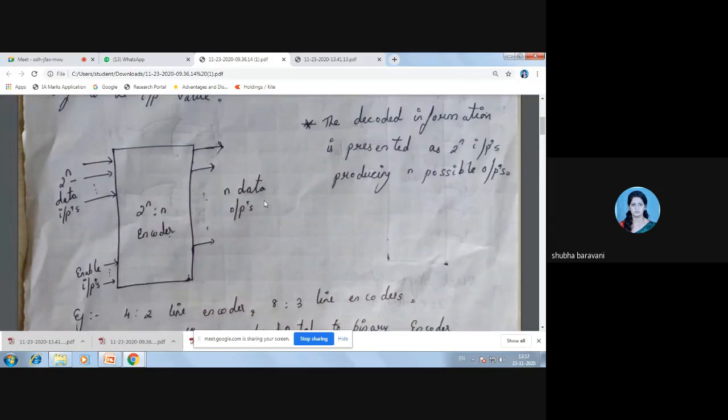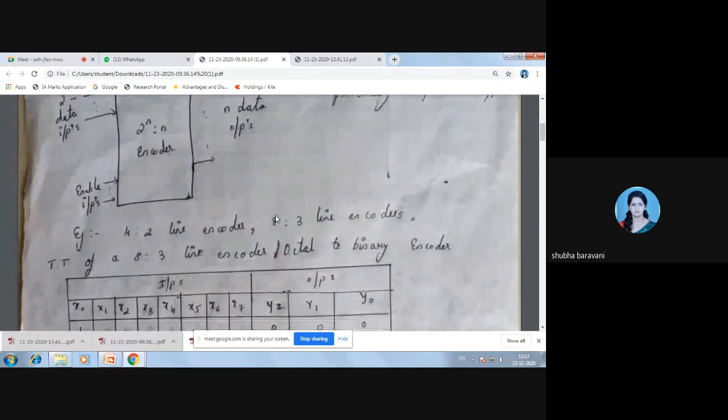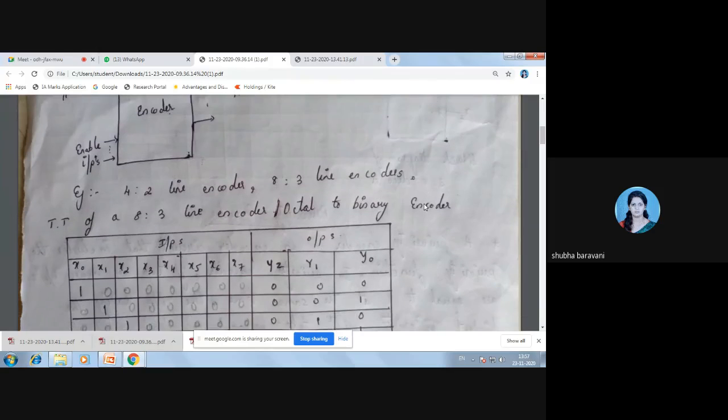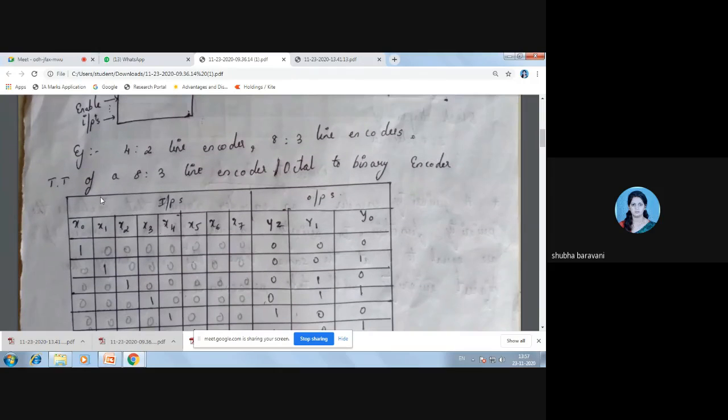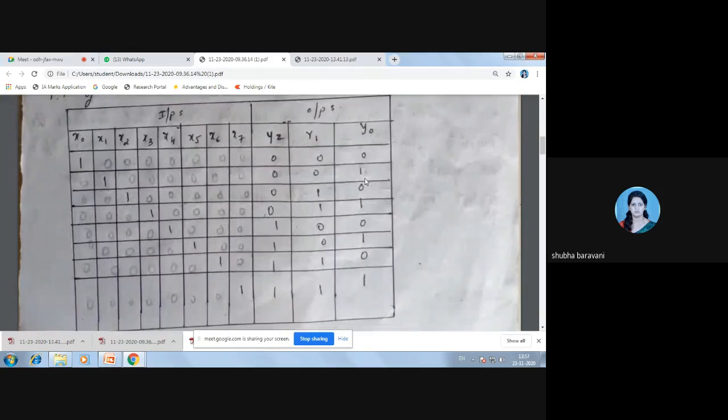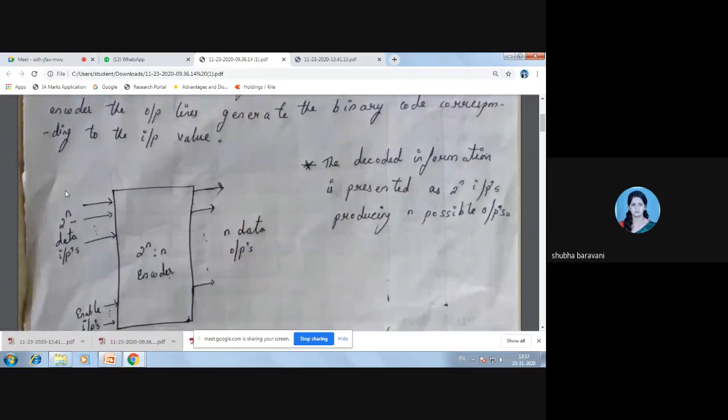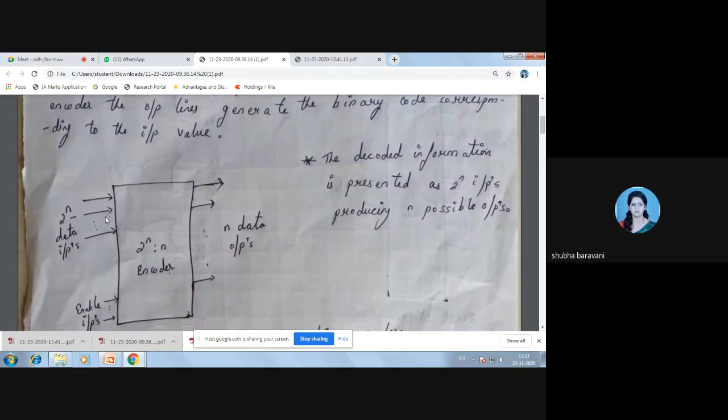Okay, right? So see here, I have taken an example of a 4 to 2 line encoder and an 8 to 3 line encoder. Now see, this is the truth table of the 8 to 3 line encoder, also called the octal to binary encoder. So as you can see here, there are 2 power n input lines.